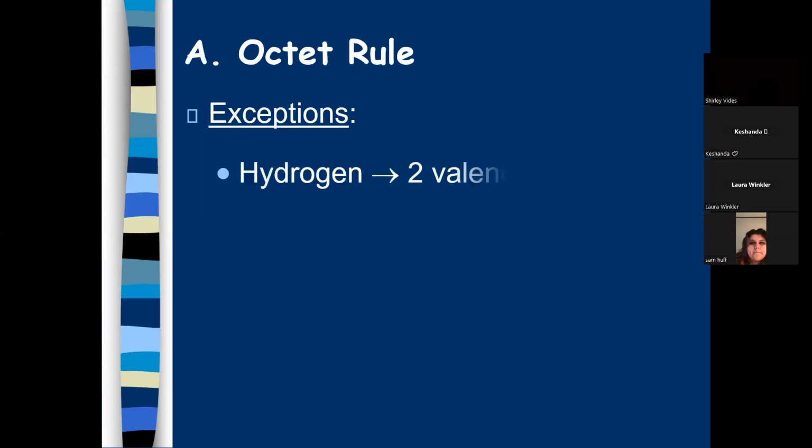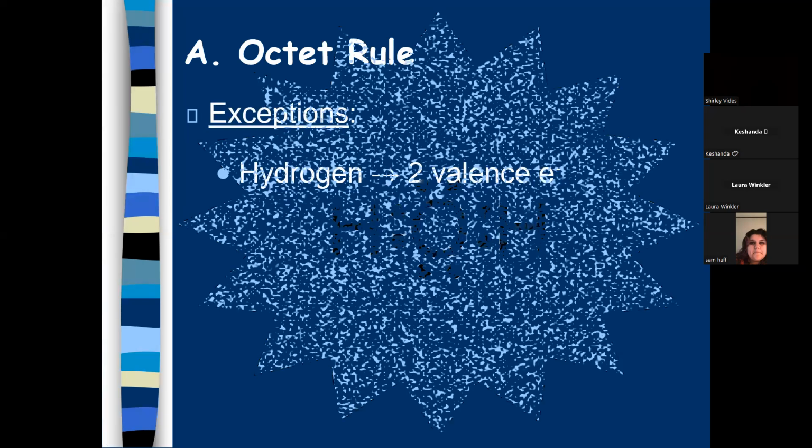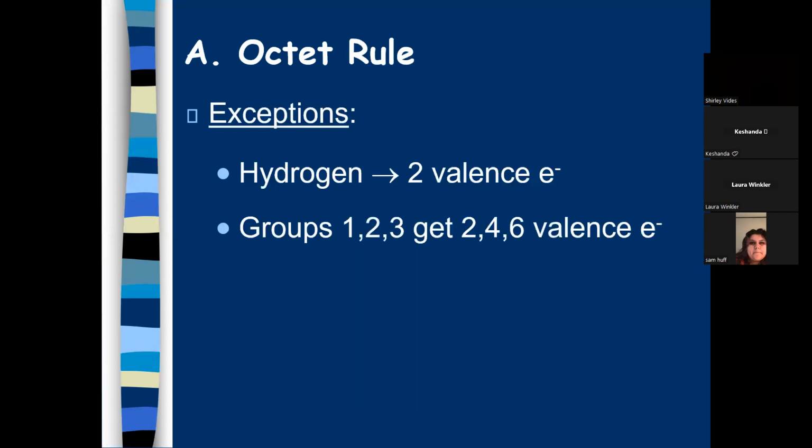There are hydrogen, number 1, and then group 1, 2, 3, and that's it. And they get 2, 4, and 6 valence electrons. We're talking about 1A, 2A, and 3A, because that would be 1, 2, and 13 if you put just the numbers.